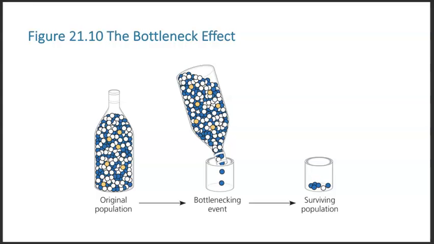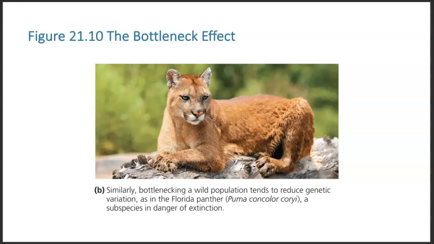We see evidence of bottleneck effects in lots of organisms that have gone through reduction in genetic variation. For example, this is a Florida panther, and it is a subspecies of the American panther, and it is in danger of extinction because humans hunted this organism into near extinction. So it went through a bottleneck.